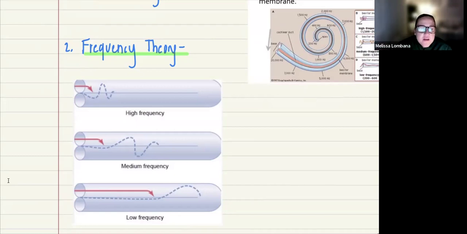So place theory explains the high pitch sounds that we hear. Frequency theory explains low pitch sounds, okay? And these combined allow us to hear our range of different pitches, okay? And that is basically it for hearing. That was easy.